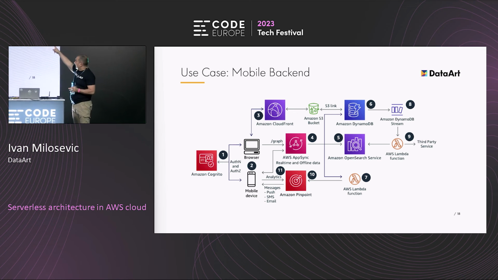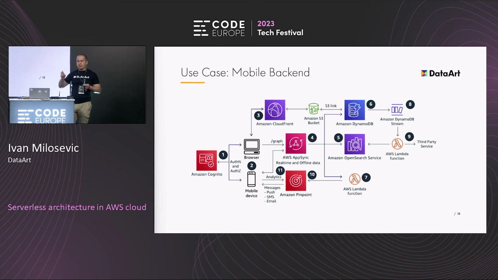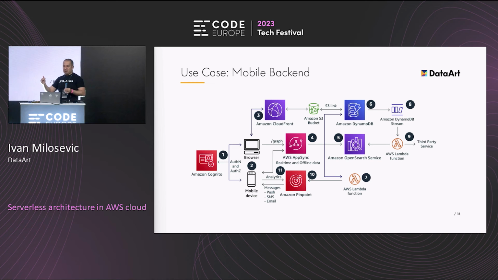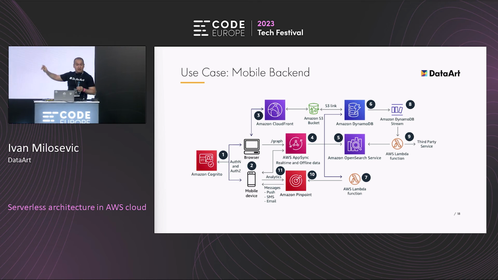So DynamoDB has something known as Amazon DynamoDB Streams. And that is actually the place where all of the changes or desired changes are recorded. So for example, a record is changed, updated, deleted, and based on any of these, you can react easily via Lambda.